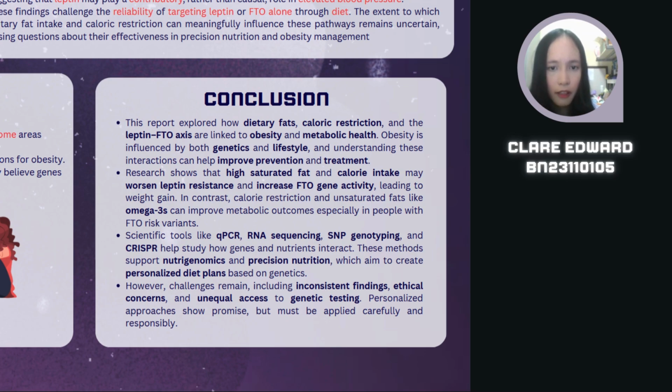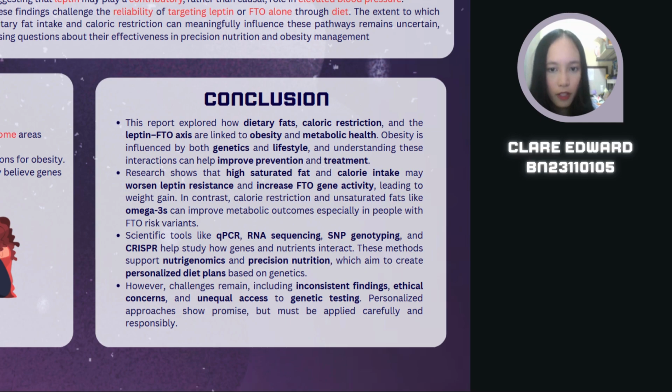On the other hand, caloric restriction and healthier fats such as omega-3s can improve metabolic outcomes, especially in people with certain FTO gene variants. We also discussed several scientific tools such as qPCR, RNA sequencing, SNP genotyping, and CRISPR, which allow researchers to study how genes and nutrients interact.